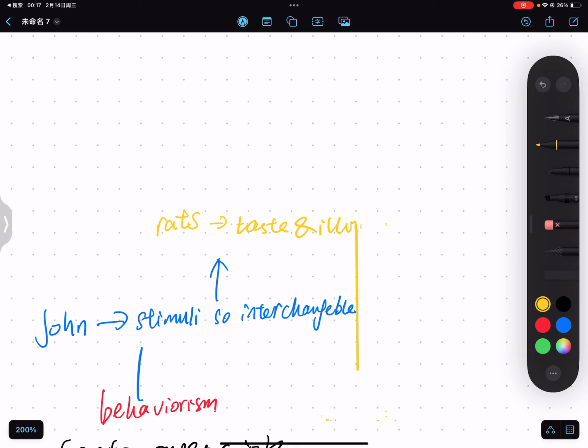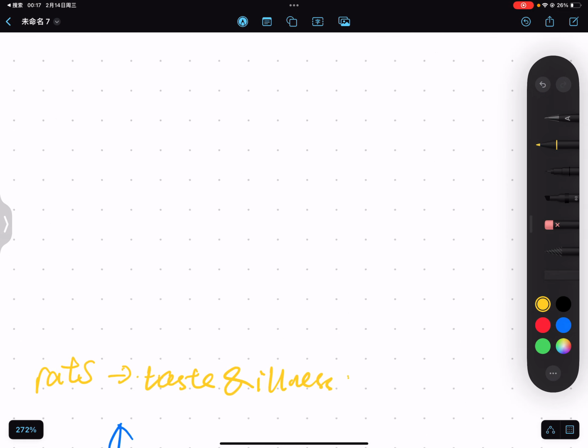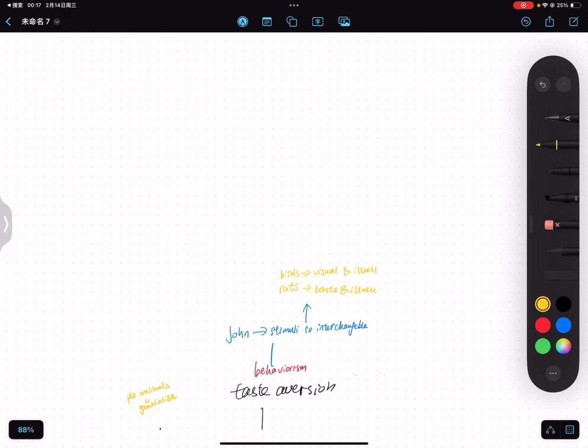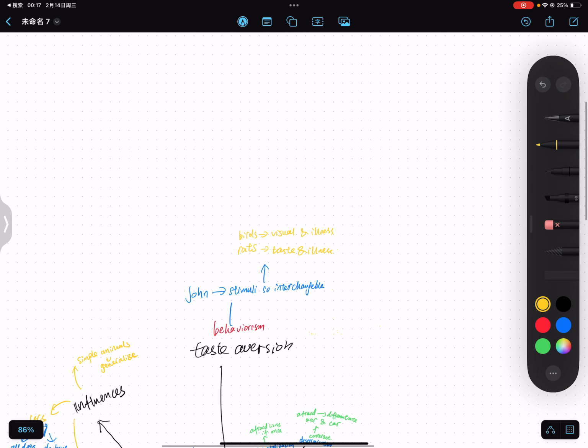Oppositely, the birds readily form an association between visual cues and illness. So it's actually very different. He said that stimuli being interchangeable is not the truth.